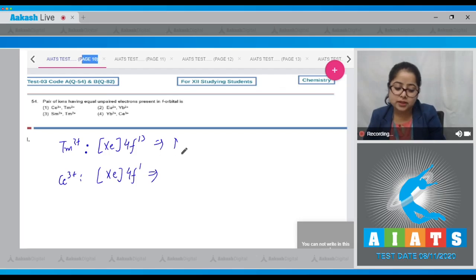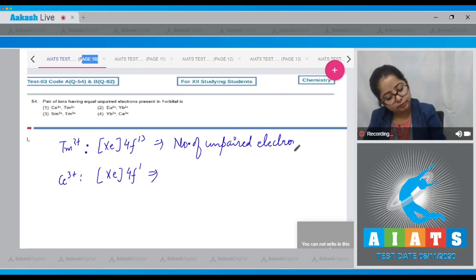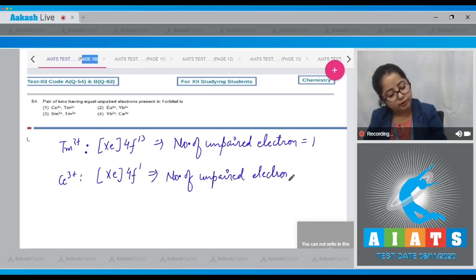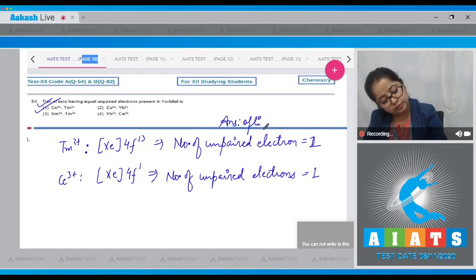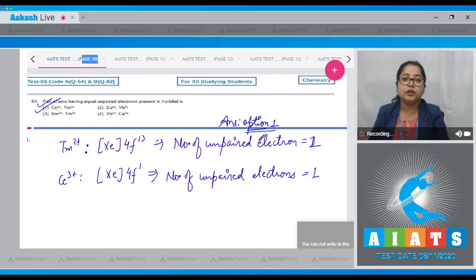So in both the cases, number of unpaired electrons is equal to 1. That means the correct answer is option number 1. So answer is option 1.